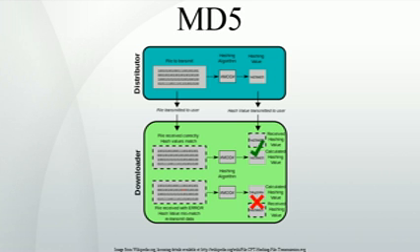On December 30, 2008, a group of researchers announced at the 25th Chaos Communication Congress how they had used MD5 collisions to create an intermediate certificate authority certificate which appeared to be legitimate when checked via its MD5 hash.